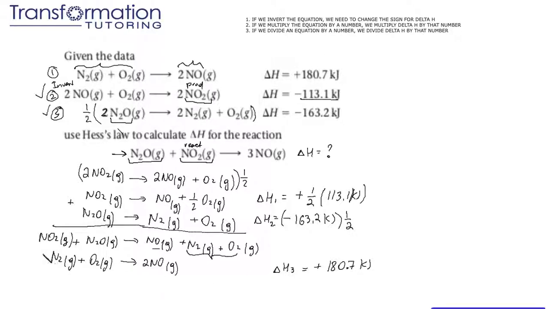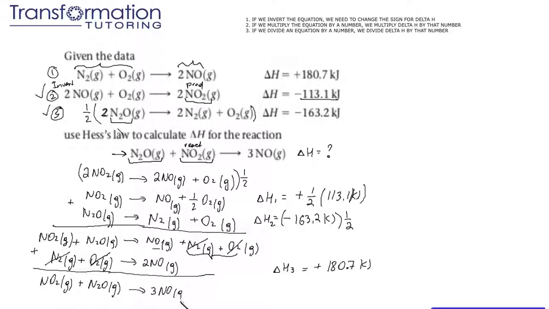Now let's see if it works. When we add these two equations, we can see that N2 here is on the reactant side and here it's on the product side. Cancels. O2 is on the reactant side and here it's on the product side. Cancels. And NO plus 2 NO will give me 3 NO. So my overall equation becomes NO2 gas plus N2O gas goes to 3 NO. We had 2 here, 1 here.